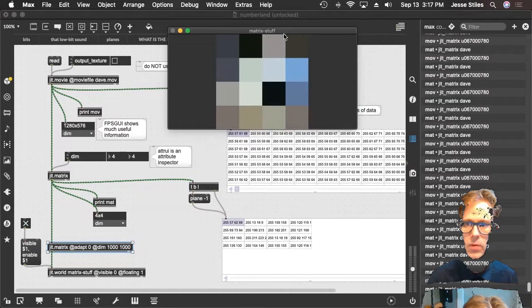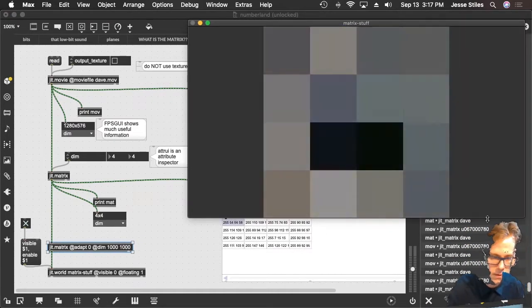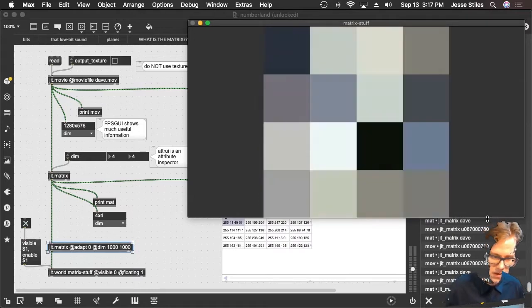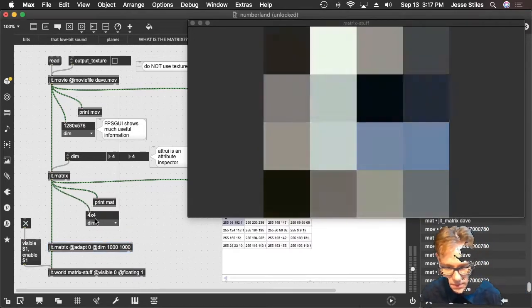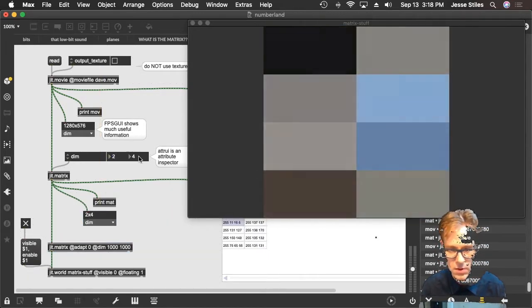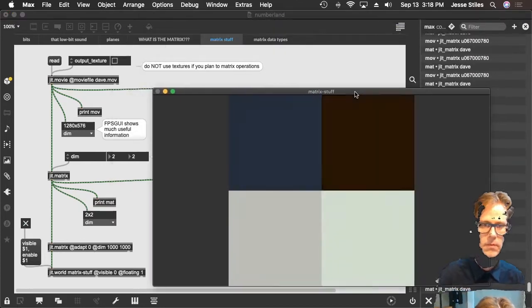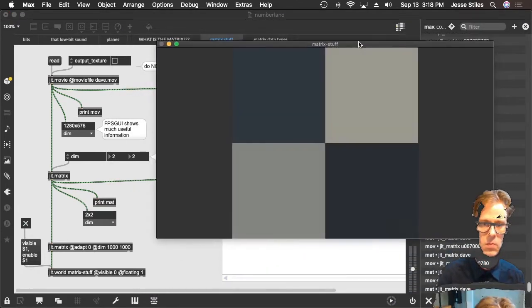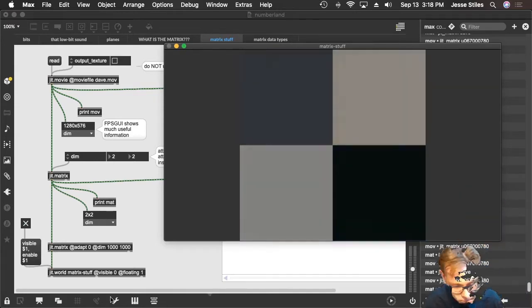And now we've up-resed it, and we can see this kind of like high resolution interpretation of a very low resolution matrix. We could make this like 2 by 2. So there's our scene from 2001 rendered as a 2 by 2 matrix.